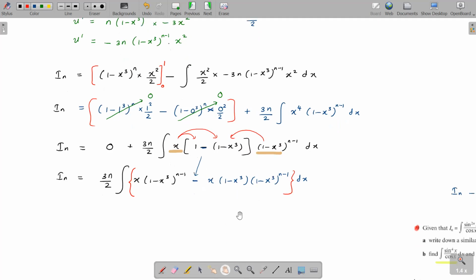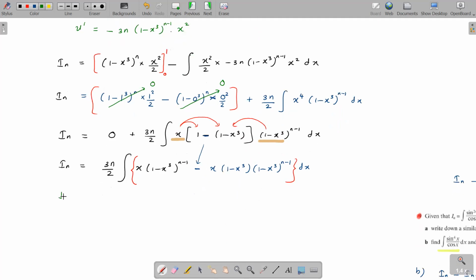Yeah. So basically I end up creating here I n equals 3n over 2. Let's include the integration sign separately for each part. Integration of x times 1 minus x cubed to the power n minus 1 with respect to x, minus integration of x times 1 minus x cubed into 1 minus x cubed to the power n minus 1, which is what? The powers add. I get 1 minus x cubed to the power n with respect to x.